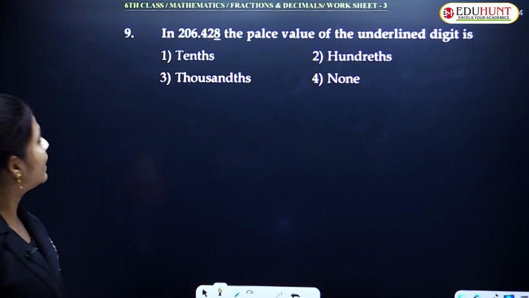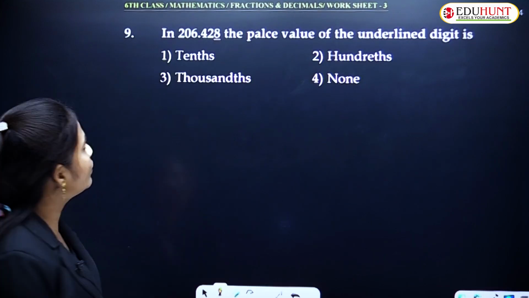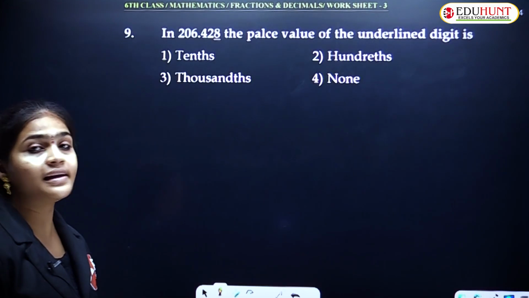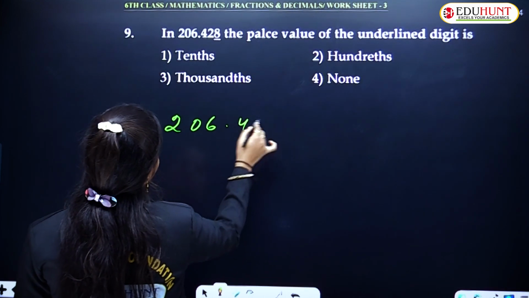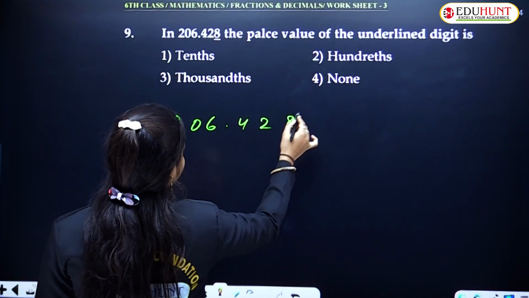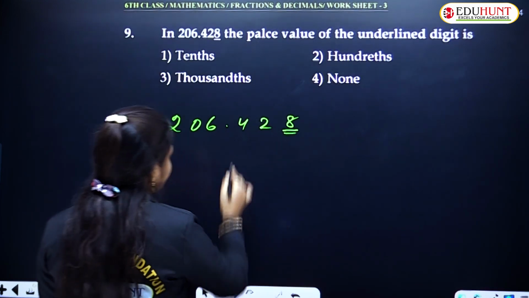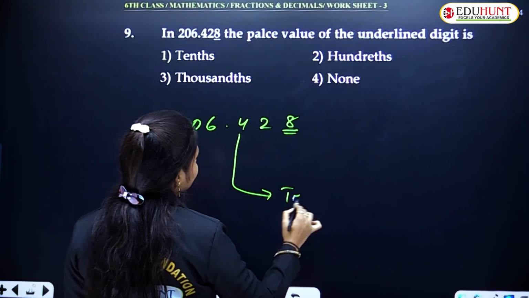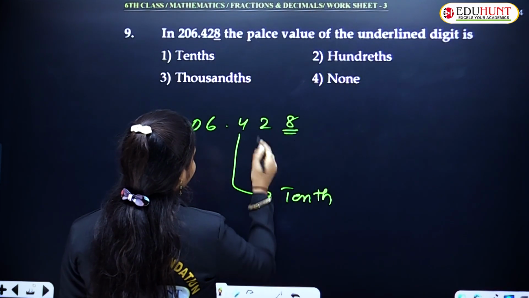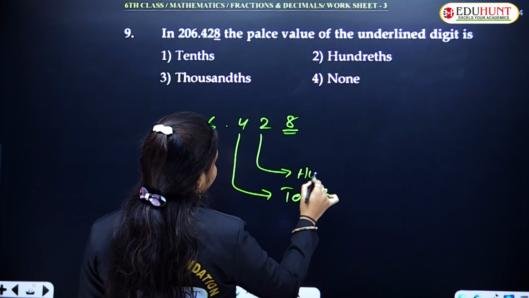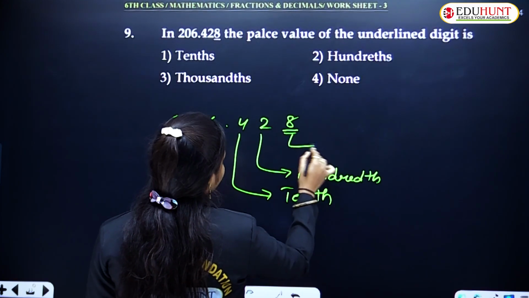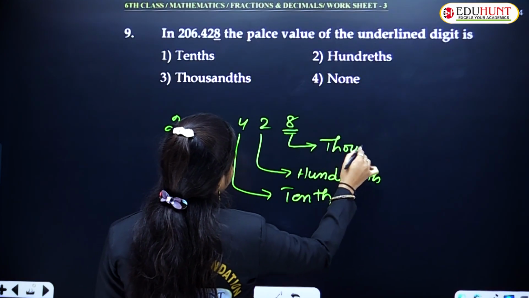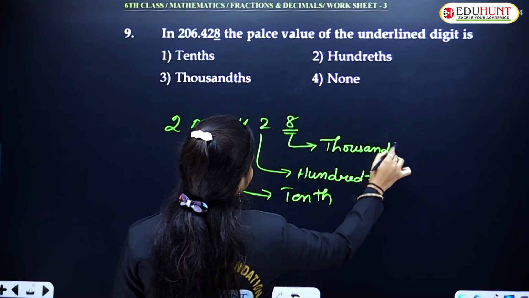In 206.428, what is the place value of the underlined digit? What is the place value of 8 they are asking? This is the place value of 10th, this is 100th, and this is 1000th.